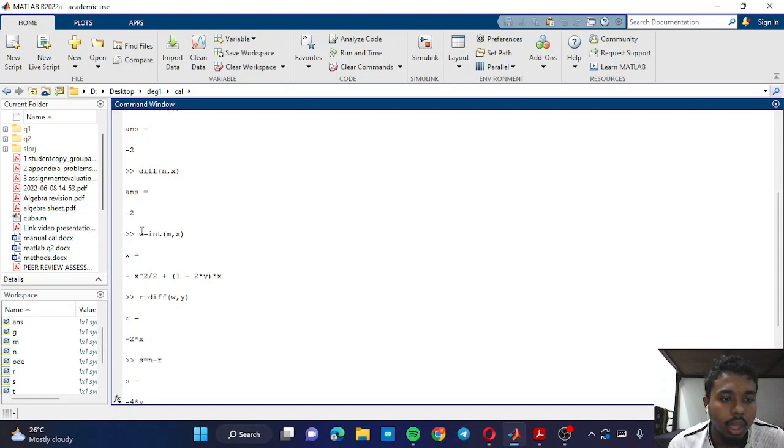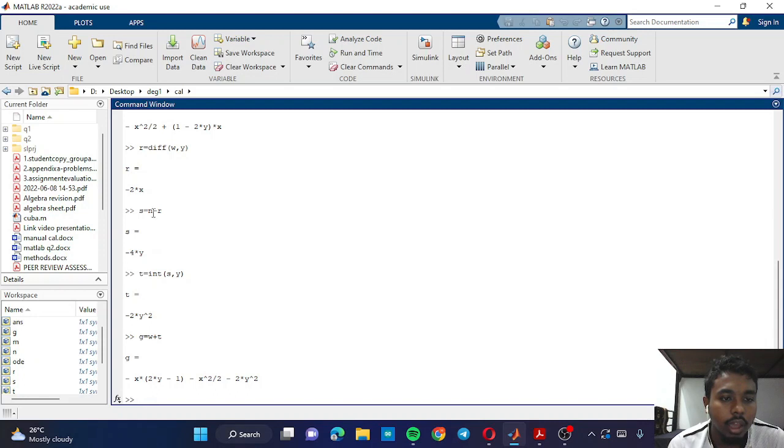And then I use w equal to int M dx, so I get this answer. And then I use r, differentiate w with respect to y, and I get negative 2 times x. And then I declare s equal to N minus r, I get negative 4 times y.